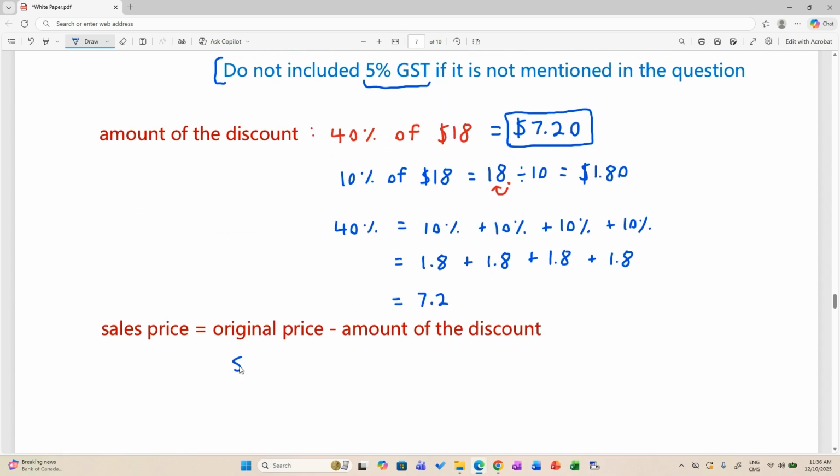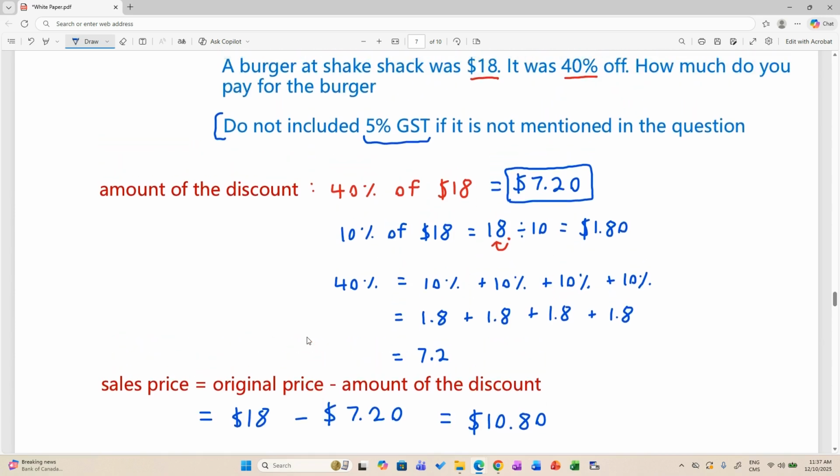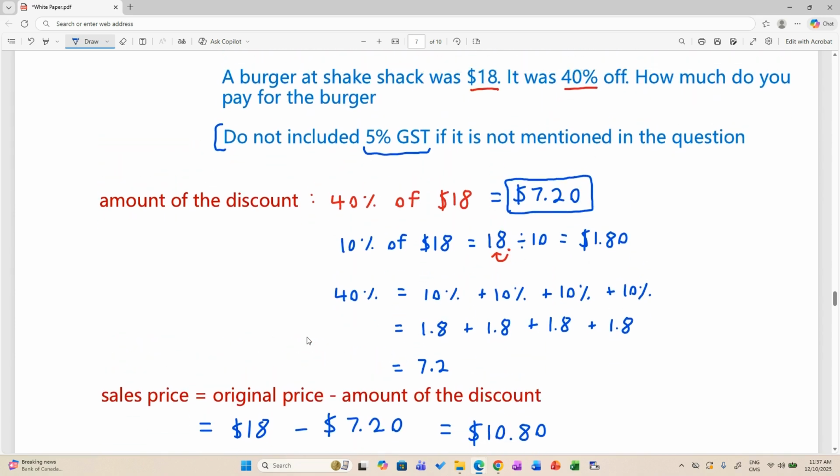So I'm going to write $18 here, and I'm simply going to subtract the amount of the discount, which is $7.20. So 18 minus 7.20 is going to equal $10.80.